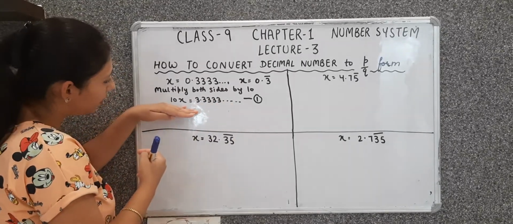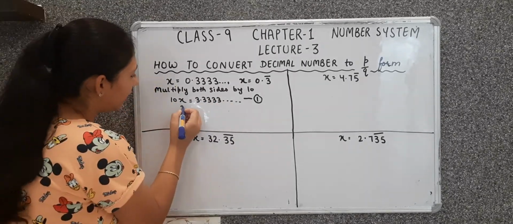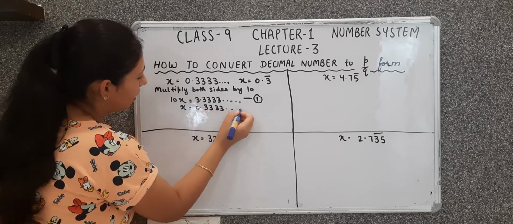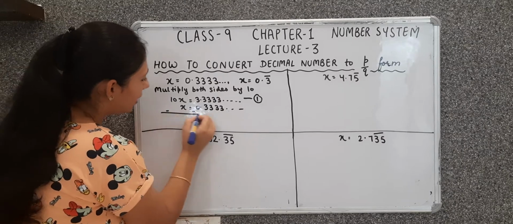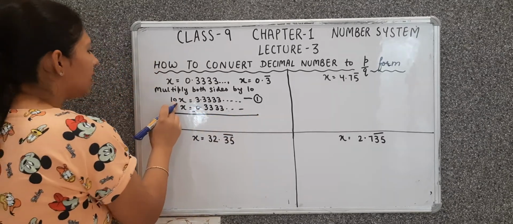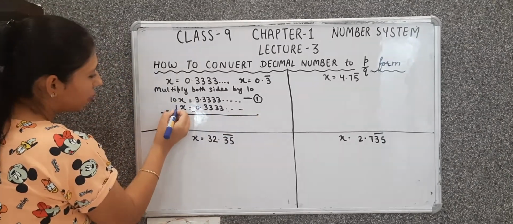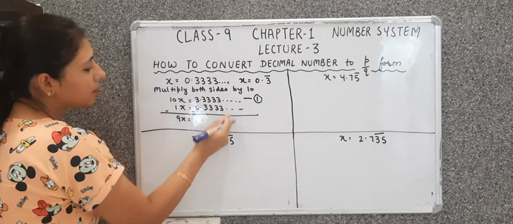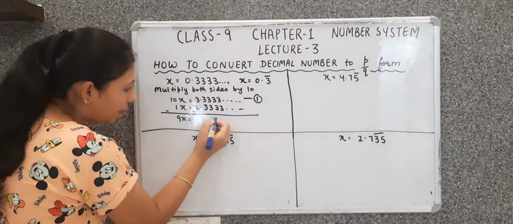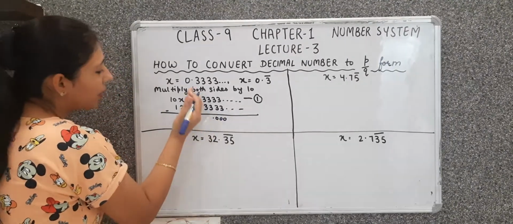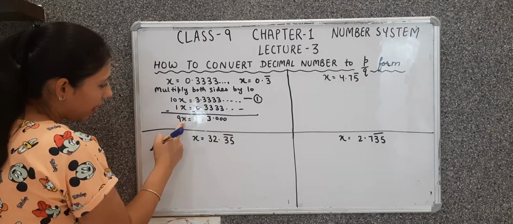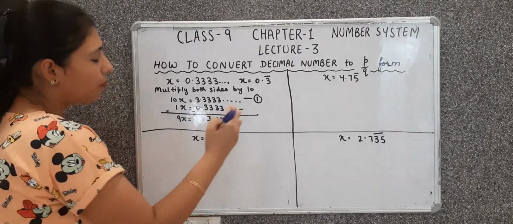So I'll subtract: x equals 0.3333 from 10x equals 3.3333. On this side, 10x minus x is 9x, which is equal to, you can see the after-decimal part is 0, and before the decimal it's 3 minus 0, that is 3. So on this side I have 9x, and on this side I have 3.00.